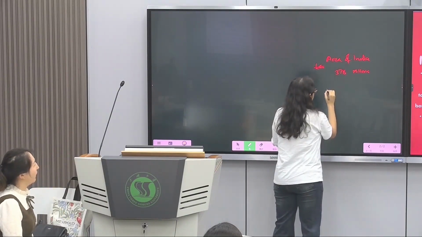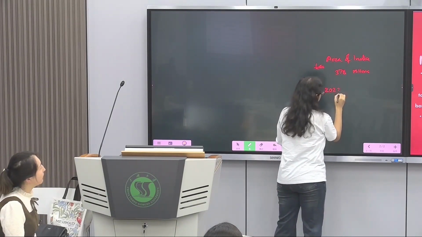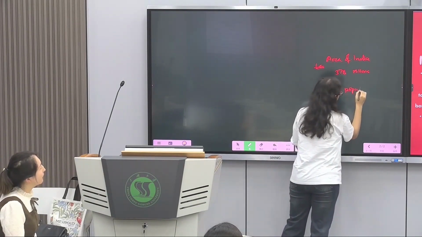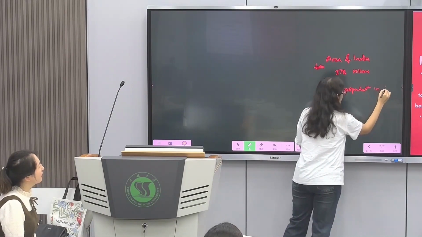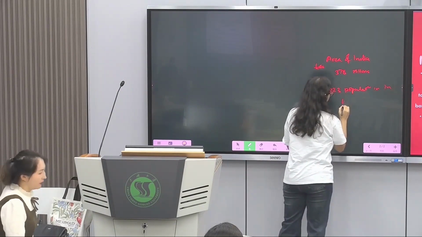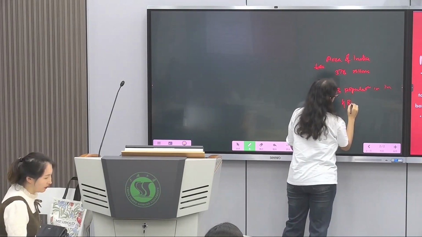But according to 2023, the population in India right now is about 4 billion.